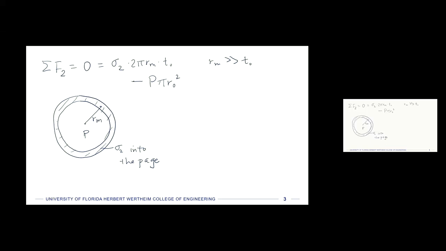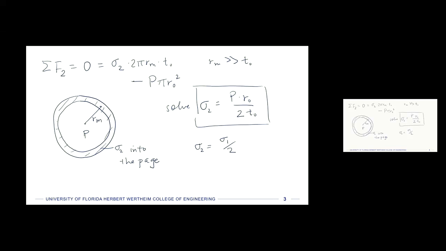Okay, so we don't have L in this one, and we'll solve for sigma 2. So that equals pressure times R naught divided by 2 times T naught. Awesome. Very, very easy, just a little ratio. And in fact, we're going to take a note right here that sigma 2 is simply sigma 1 divided by 2.